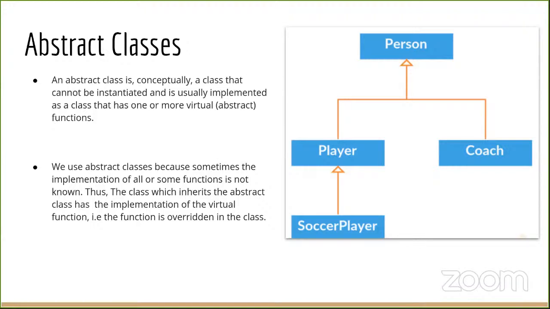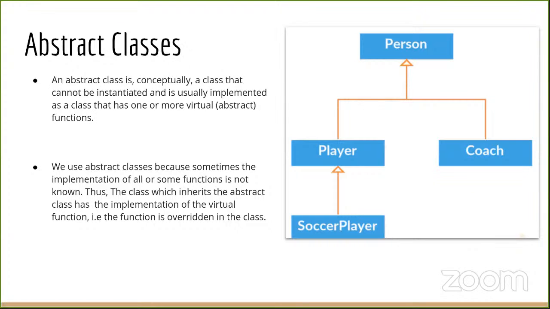So here we see an image. We see entities person, player, and coach. Here we observe that player and coach are derived from person, which means that player and coach have the characteristics of a person. And similarly, the soccer player has characteristics of a player, but the person alone would not know the characteristics of a player and coach, and hence we use inheritance through virtual functions.